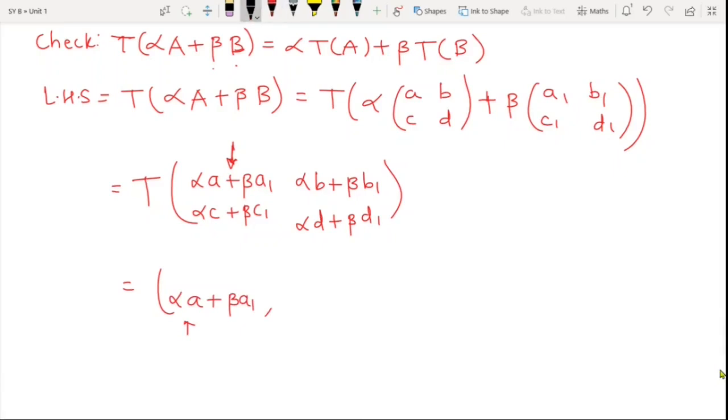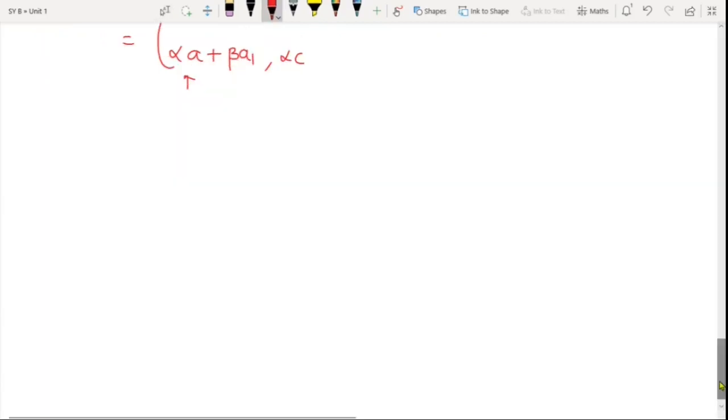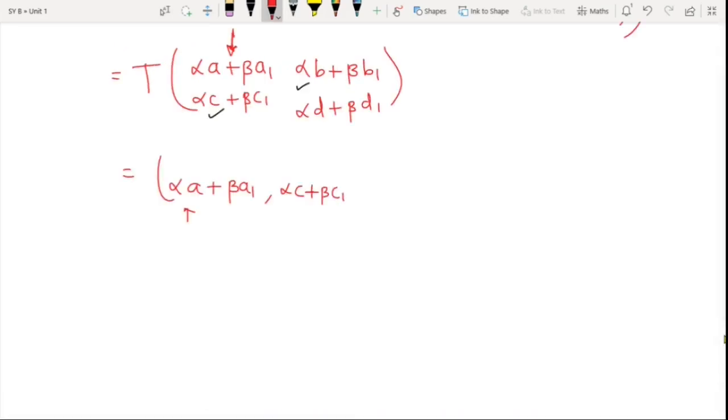The second coordinate will be addition of this one and this one, so I will write it as alpha C plus beta C1 plus alpha B plus beta B1 comma, and the last coordinate will be this a22 entry, right? That is alpha D plus beta D1. I will call it as star.